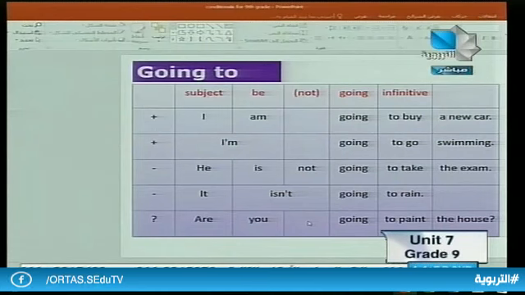Okay, so we have just mentioned some examples. Now, from the examples we just mentioned, let's talk about the form of future using going to. How do we use the future using going to? As we have many times said, sentences need a subject and a verb.